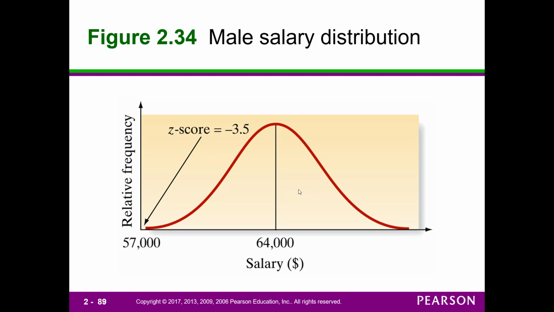In example 2.18, suppose a female bank employee believes that her salary is low as a result of sex discrimination. To substantiate her belief, she collects information on the salaries of her male counterparts in the banking business.